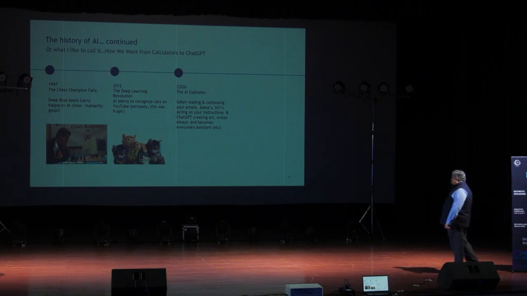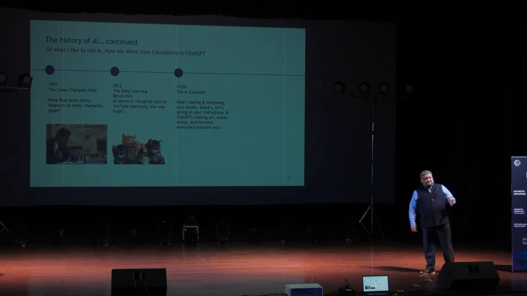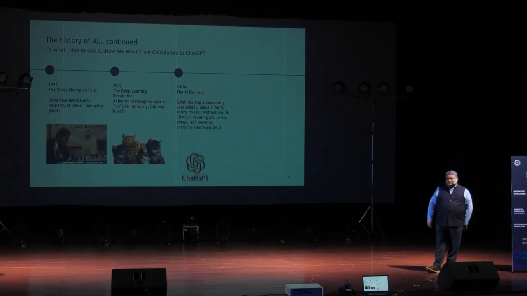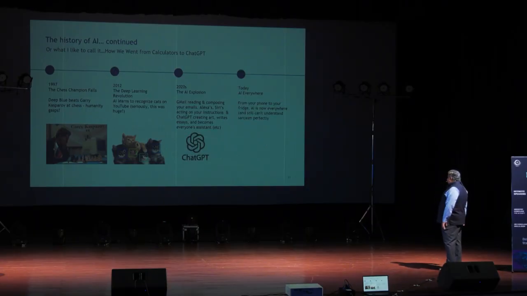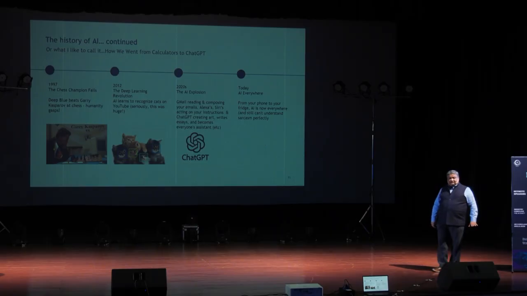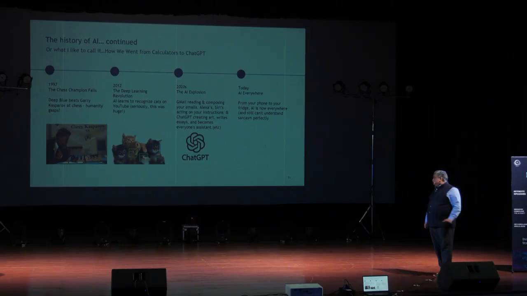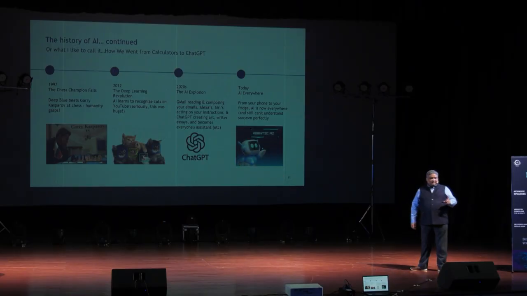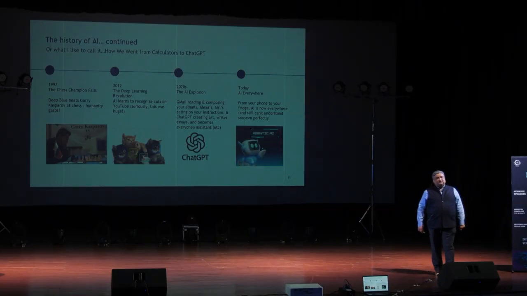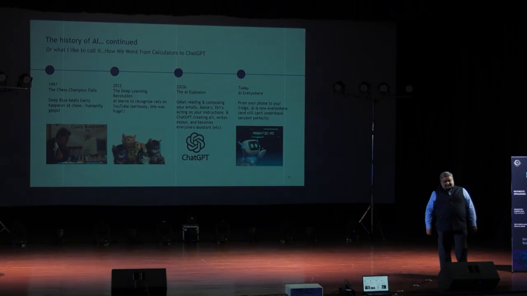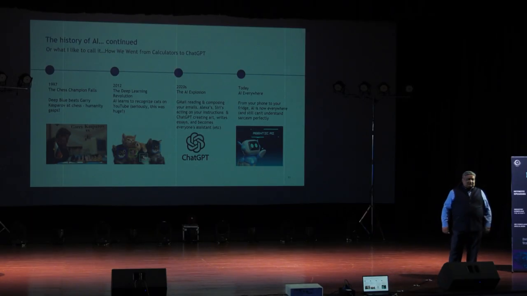Alexa and Siri started acting on your instructions. ChatGPT started talking about text. Today, it's AI everywhere, from your phone to your fridge, but it has one weakness: it still cannot understand your sarcasm. Right? So everybody clear on the history of AI?